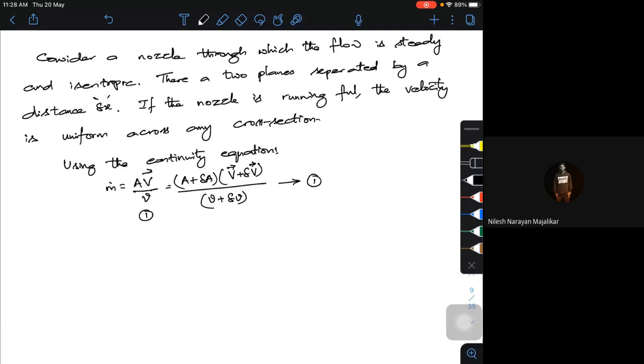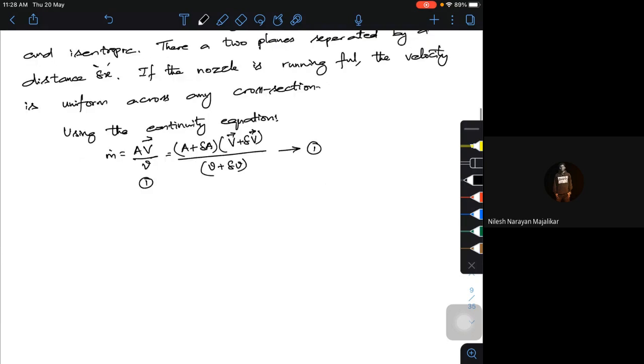Now if I do a little bit of cross multiplication, I can write (V plus delta V) divided by V is equal to (A plus delta A) divided by A, just to separate that particular thing. So the same equation I am rewriting with a little cross multiplication.